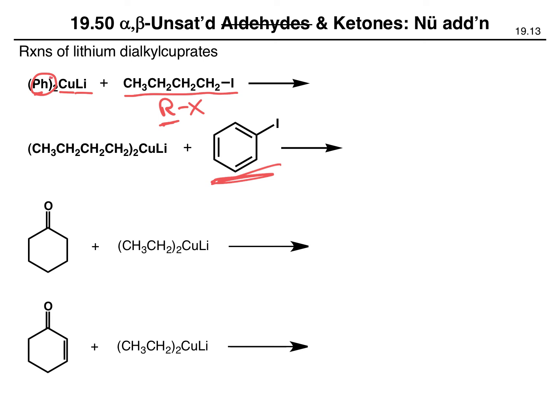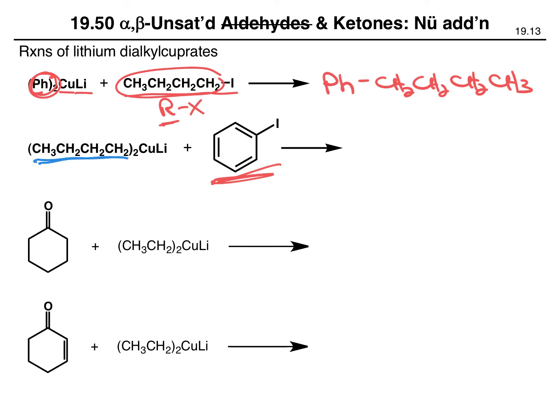What's going to happen is that this will couple with this. So here we will get phenyl CH2, CH2, CH2, CH3. Alternatively, we could accomplish the same thing in the other direction. If we had the lithium dibutyl cuprate and reacted it with phenyl iodide, then we would get this, which gives us the same thing.